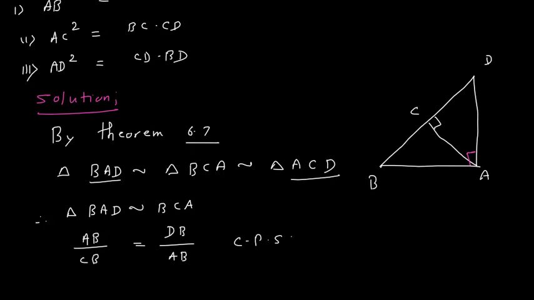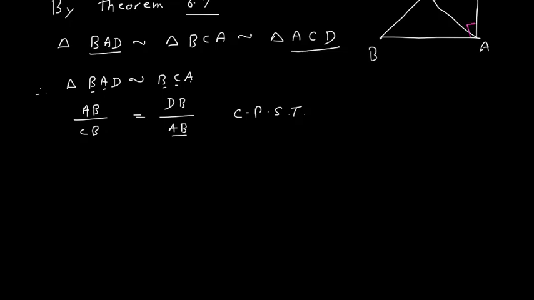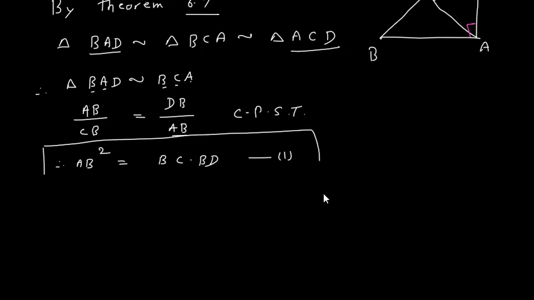When I take AB, this is A and this is B, so here I take C and B. Then here AB, so here I take DB. This is how I am selecting. Now AB square is equal to BC into BD. I will consider this equation 1 and put it in a box, because this is my first answer.